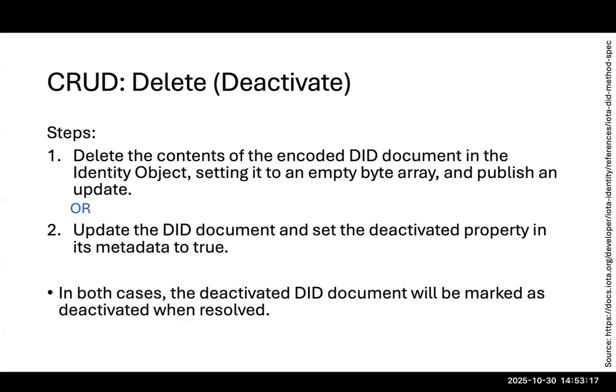Or you also have a property in its metadata that you can set, for example, the activation flag that we saw a few slides before, such that again the resolver knows that this DID has been deactivated.